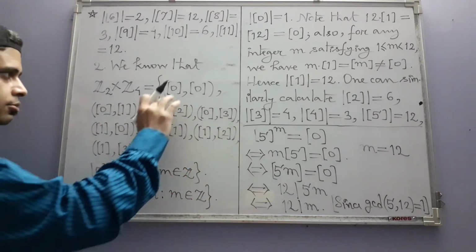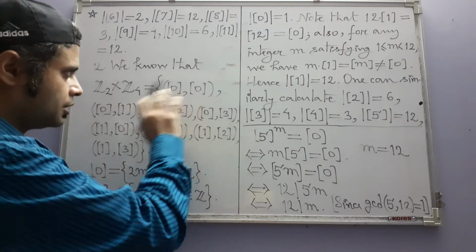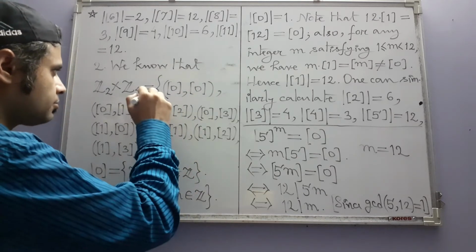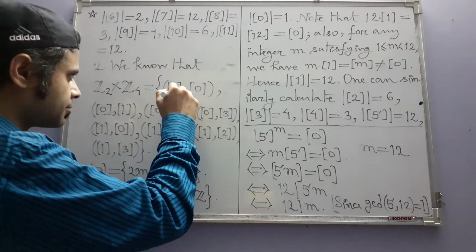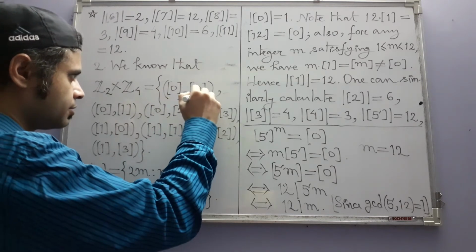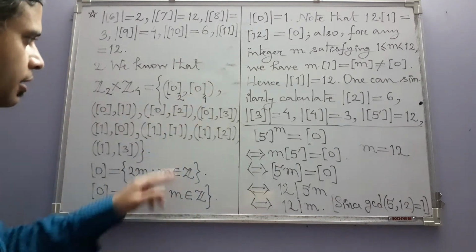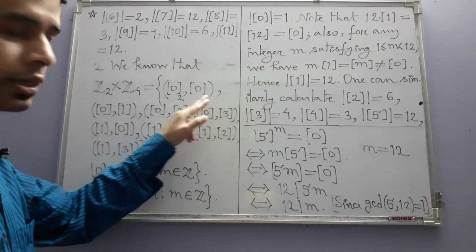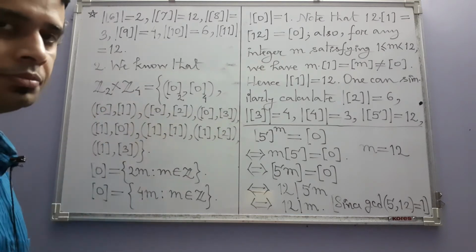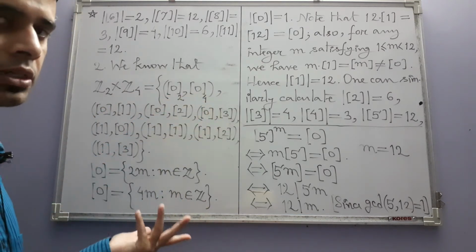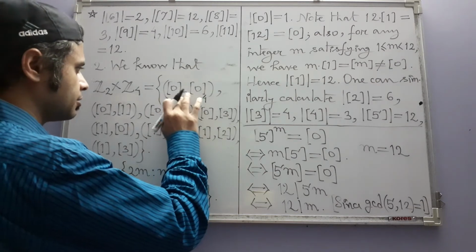If you want to really distinguish between these two things, you can provide these notations with extra symbols, suffixes indicating the moduli. The first modulus is 2, the second modulus is 4. You can devise some such notation.